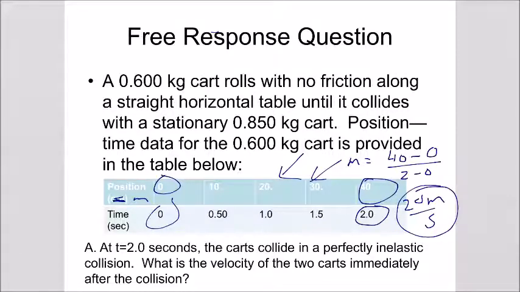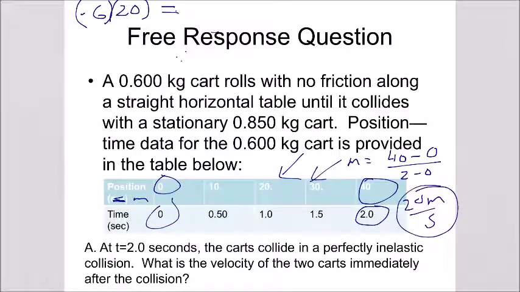The momentum before the collision is the mass of cart 1, 0.6 kilograms, and again, I'm going to leave off the units to make it clear, times the velocity of cart 1, 20. Remember that cart 2, the 0.85 kilogram cart, is stationary, so it has no momentum to begin with. So our initial momentum is just 0.6 times 20. That's equal to the final momentum.